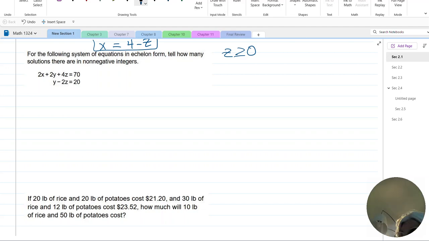So the first step to finding how many solutions we have is to find the dependent solution to the system.